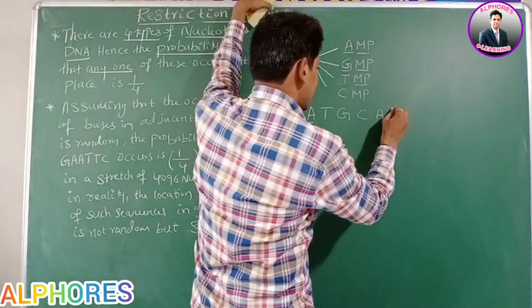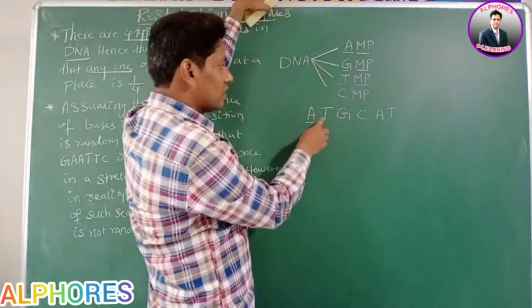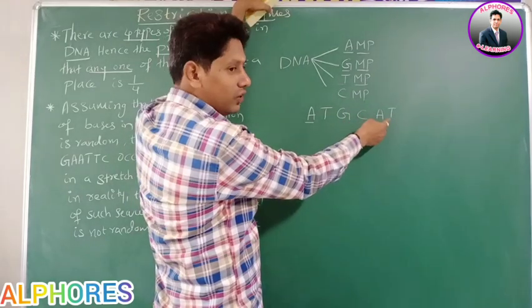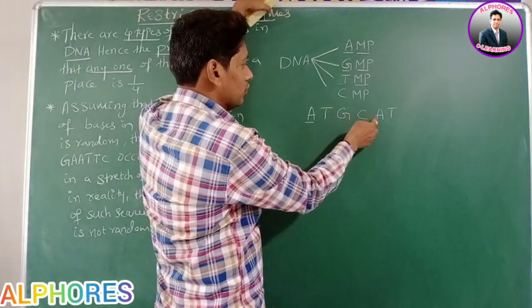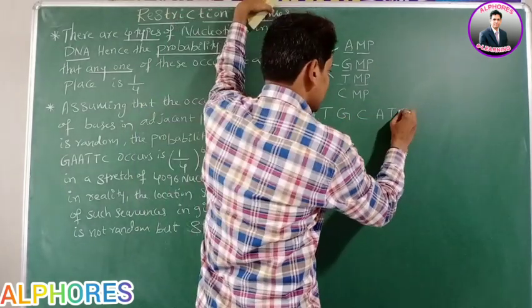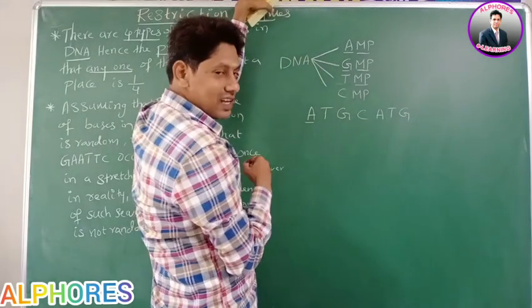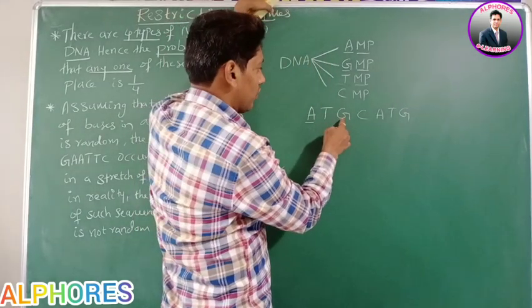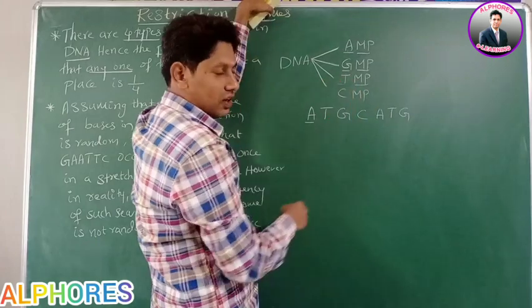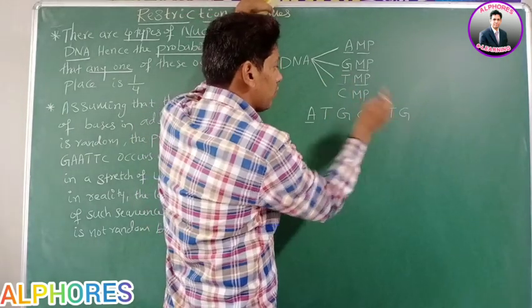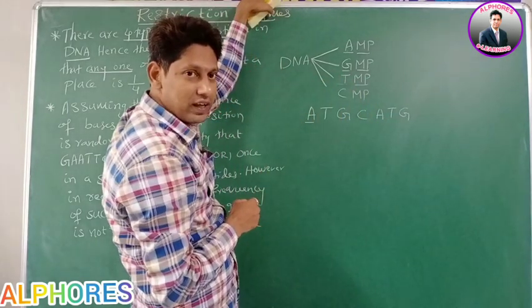Take T. T is repeating as which nucleotide? 4th nucleotide, 1, 2, 3, 4. Take G. Coming as which nucleotide? 4th nucleotide, 1, 2, 3, 4. Yes or no?